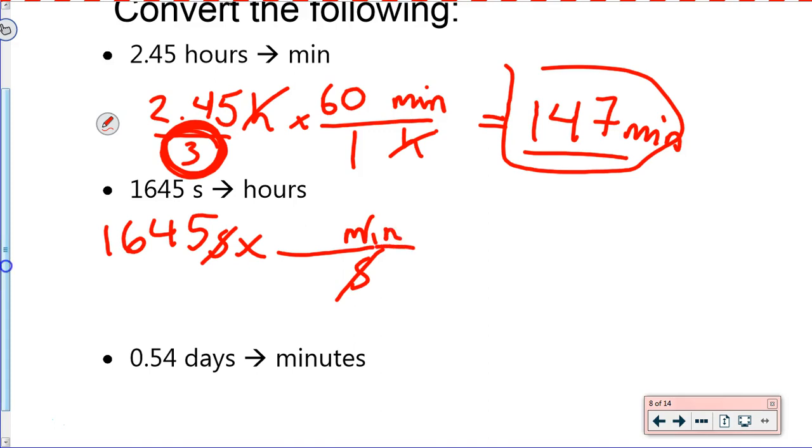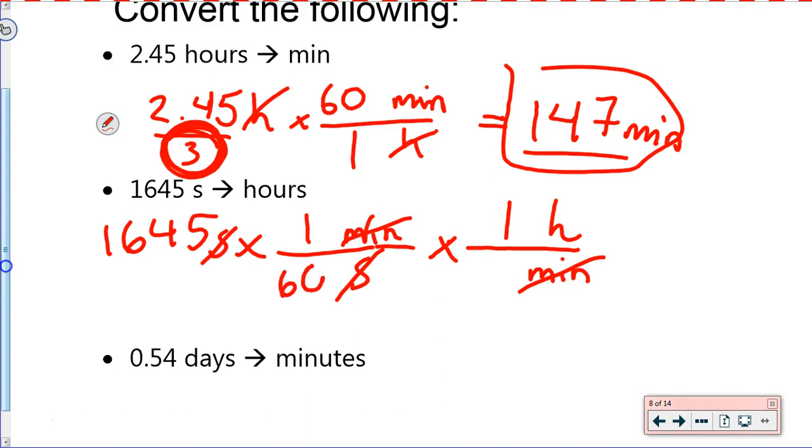Now, at this point, if I did a calculation, I'm going to have minutes, and that would be great, but I don't want minutes, I want hours. So I'm going to put on another conversion. This time I'm getting rid of those minutes I just created, and I'm trying to turn them into hours. Same idea as before. Minutes and seconds, minutes are bigger. Hours and minutes, hours are bigger.